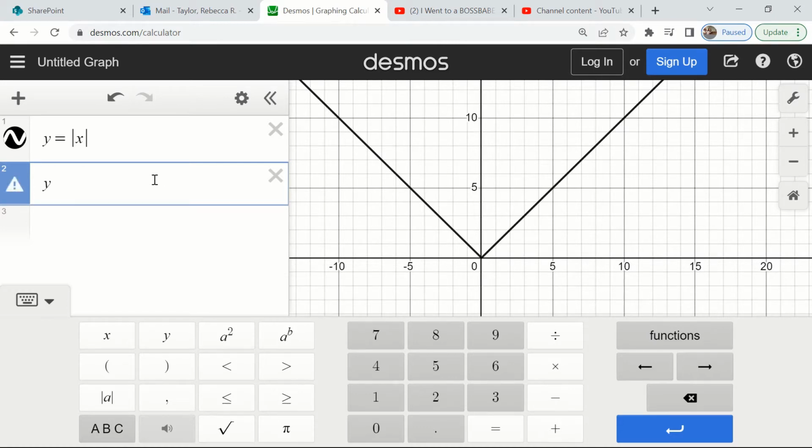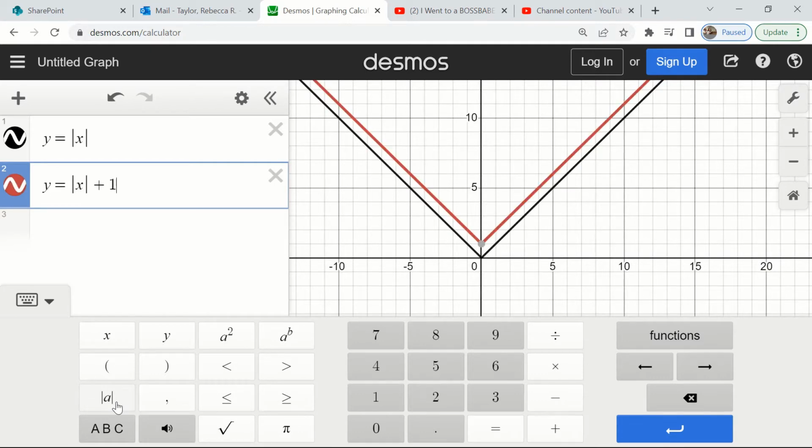The first part of this activity is asking us to use different values of k to add k to the end of the function. I'll start with k equals 1. When I put in k equals 1, the graph goes up 1 unit.